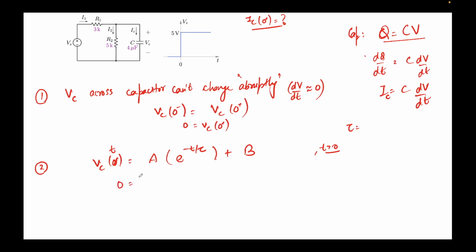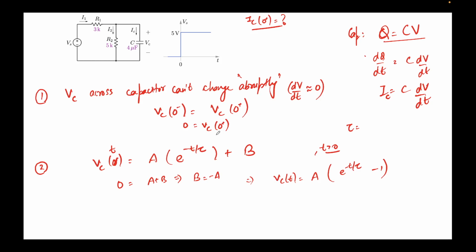So if I put t equal to 0 in this expression, this will come out to be A plus B. This will give me B equal to minus A. There are different forms of saying it. Some people express it in terms of B or in terms of A. It doesn't matter, whichever way you want to express it.